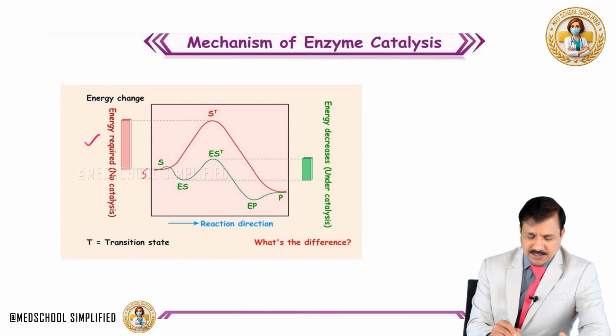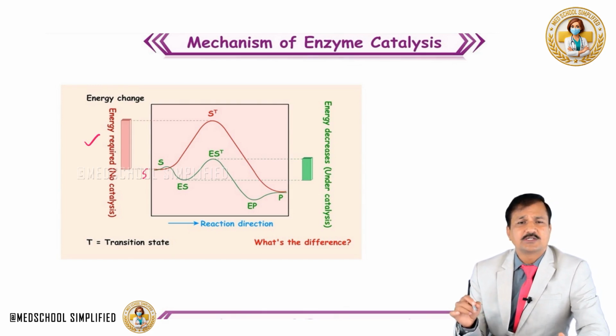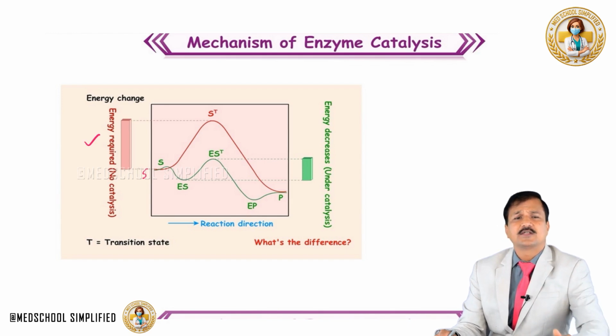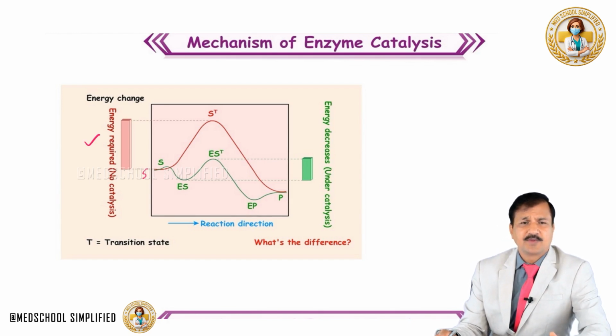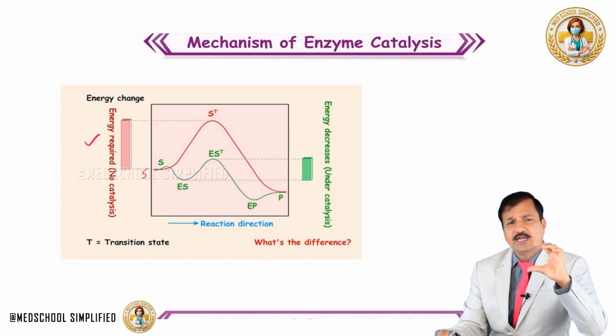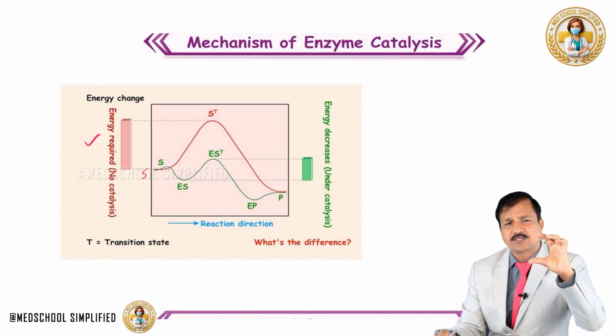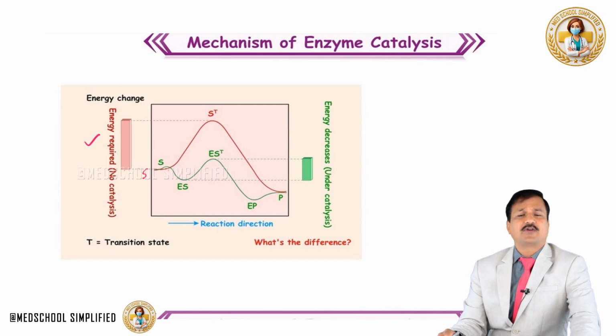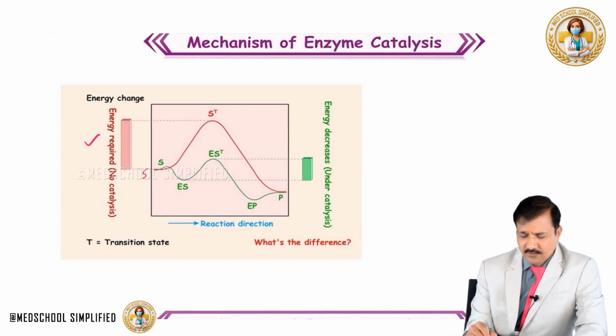So basically the substrate goes from a higher energy state into a product at a lower energy state, and before it becomes product, it reaches the highest energy, the substrate transition state. The amount of energy needed to take the substrate into its transition state, we refer to as the free energy of activation.